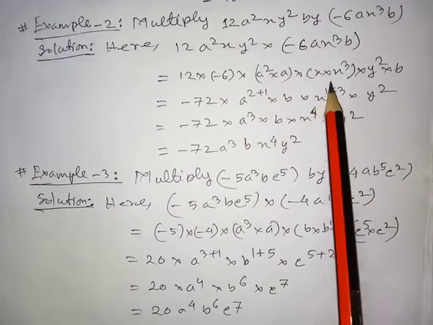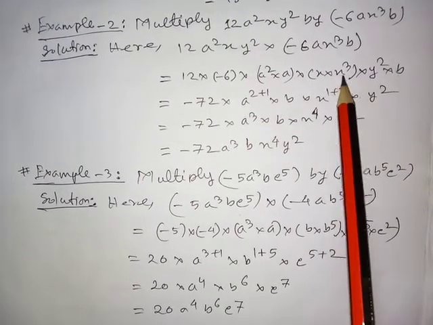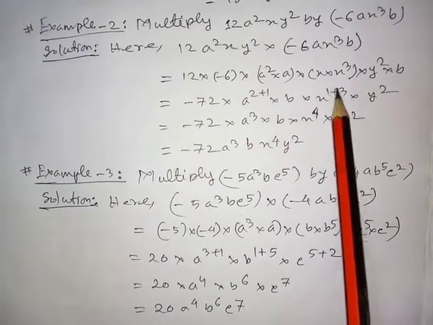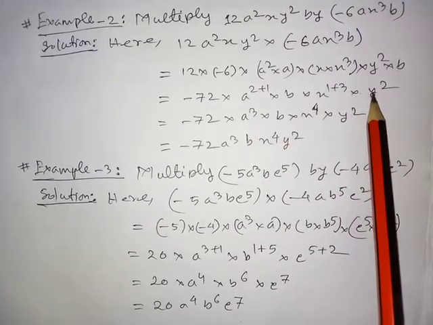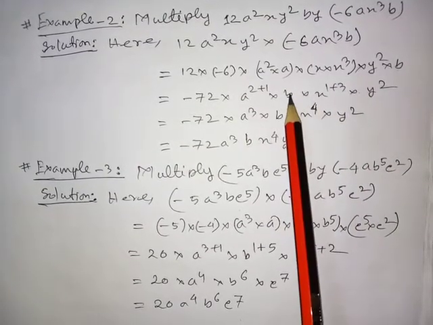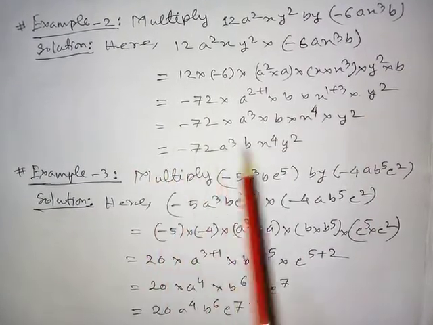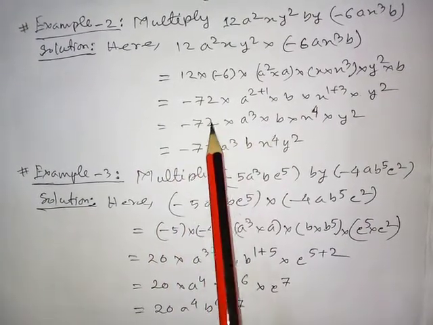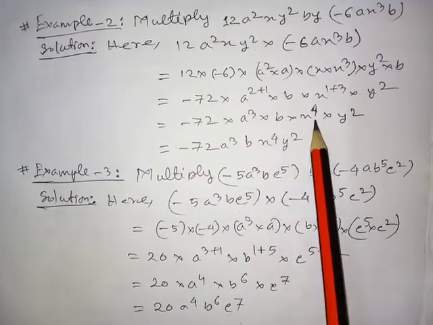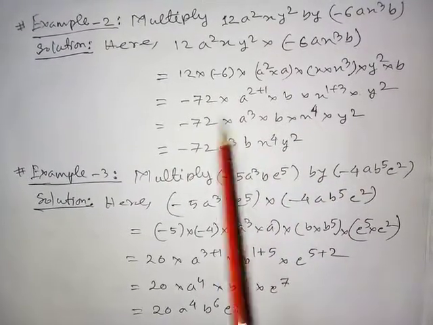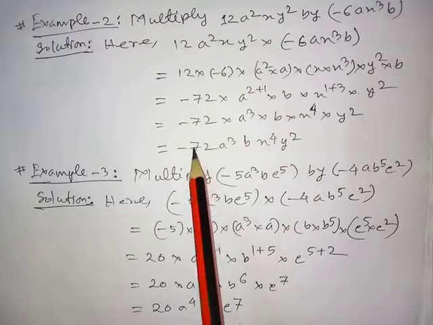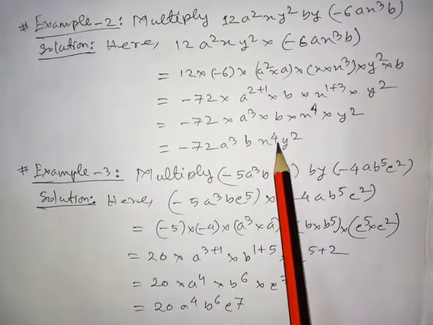The base is the same, so this is the multiplication of exponents, and the powers will be added, 1 plus 3. And b remains single, y square also remains single. So at last what we are getting here is minus 72 a cube b x4 y square. So in total, after the multiplication, the product will be minus 72 a cube b x4 y square.